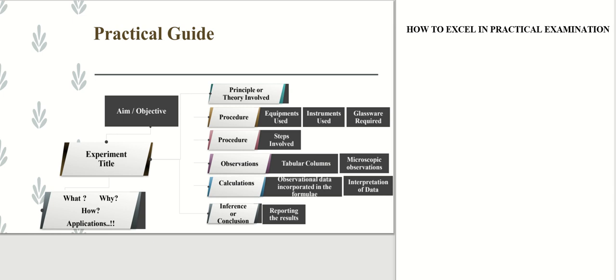So you'll get to know the kind of experiments that you have done in relevance with your theoretical class. First, you need to check your theory class and your practical session.